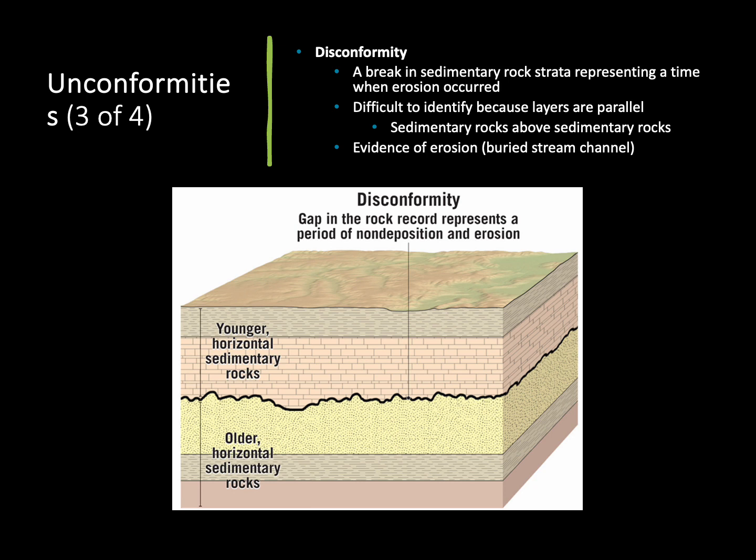And our third type of unconformity is called a disconformity. And this one is the most difficult one to recognize. And here, above and below the missing rock layer, we have sedimentary rocks. So if we're just looking at the rocks themselves, we are not going to even notice that we're missing a layer.